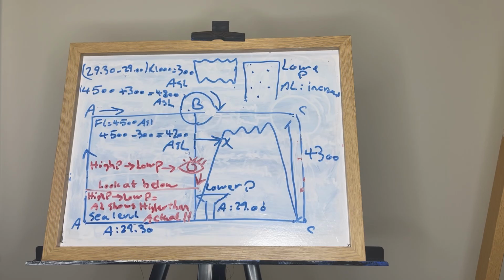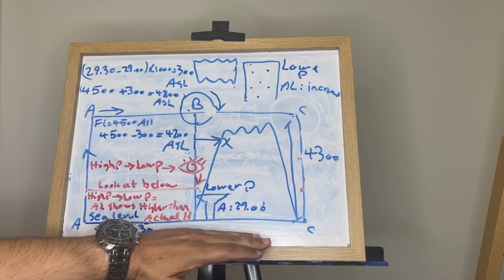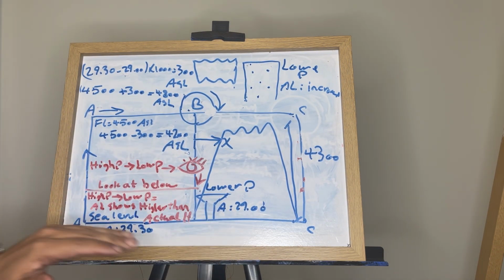So why do we need to set the altimeter setting, especially when flying from high pressure to low pressure, or even, it doesn't matter, when flying from low pressure to high pressure.